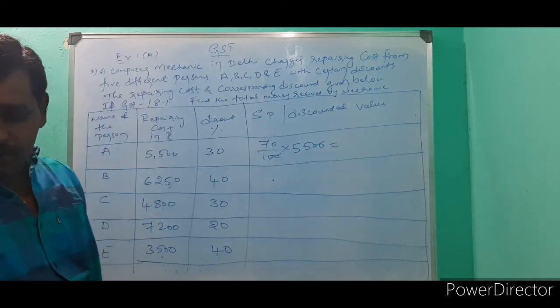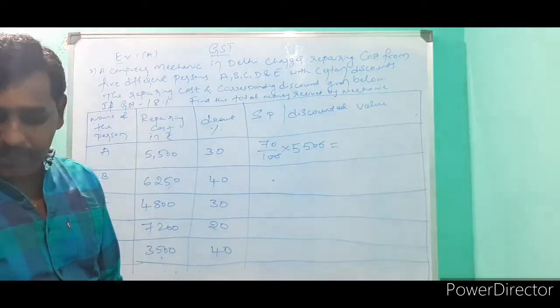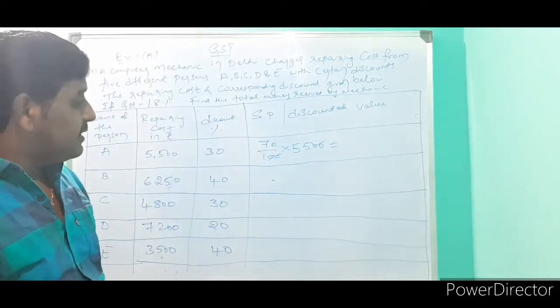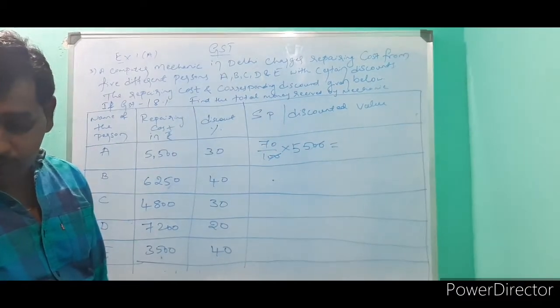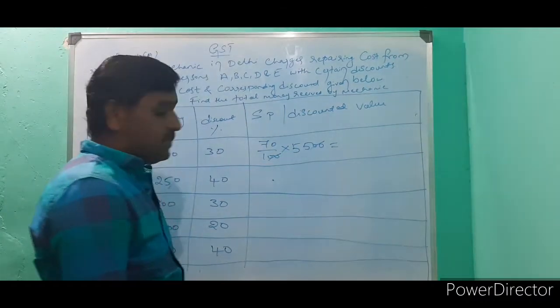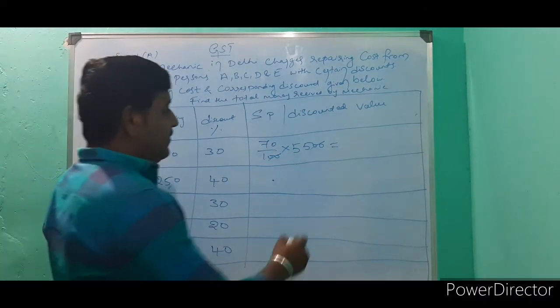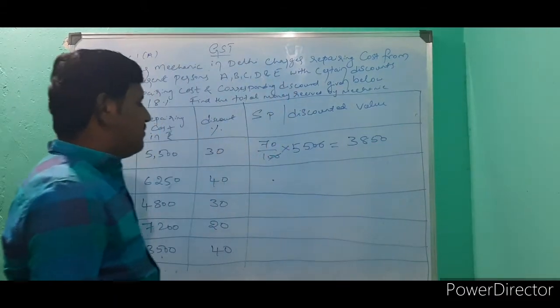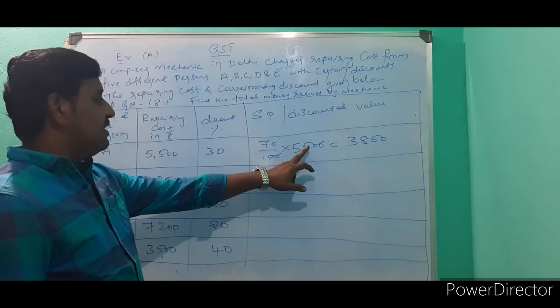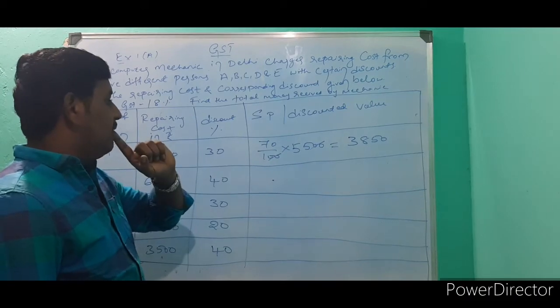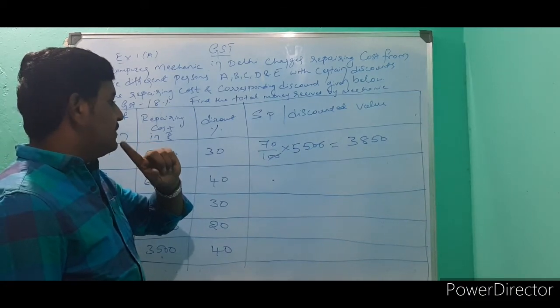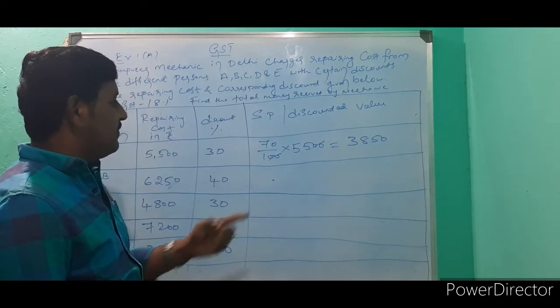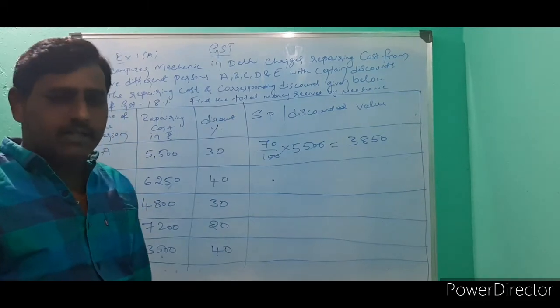So what value are you getting? If you multiply 70 into 55, you will get 3,850. Directly I am writing. You can multiply 7 5s are 35, 3 7s are 21 plus 14, 35, 3850. You will get the correct answer.